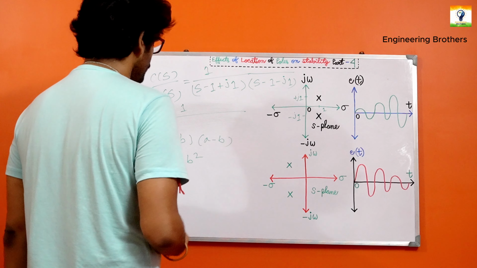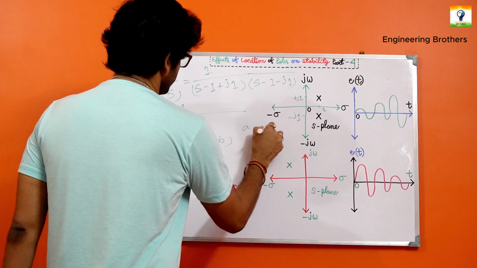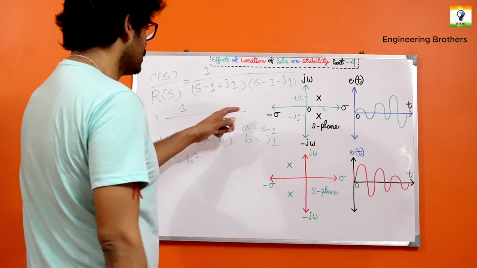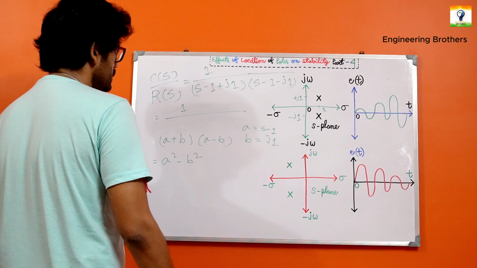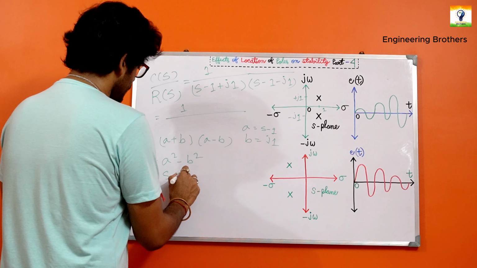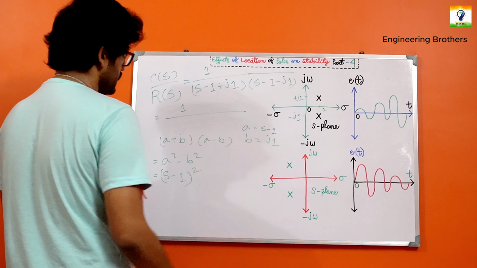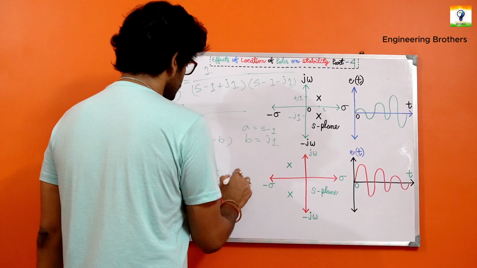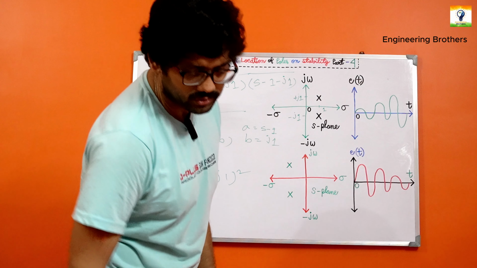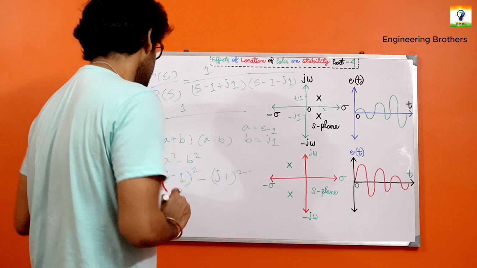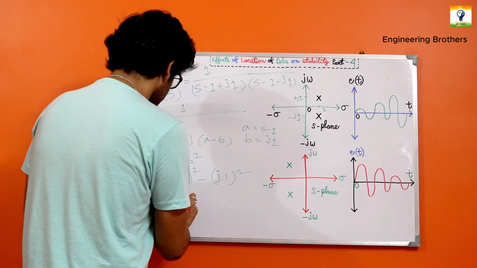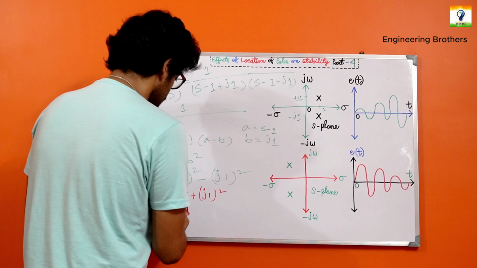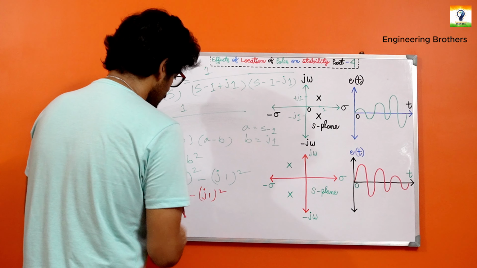In this case we know that A will be s minus 1 and B will be j1. Now putting this in our given equation, at the place of A we replace s minus 1 squared, and this one will be minus of j1 squared. Now we should solve this given equation, which is quite naturally s minus 1 squared plus j1 squared, sorry, minus of j1 squared.